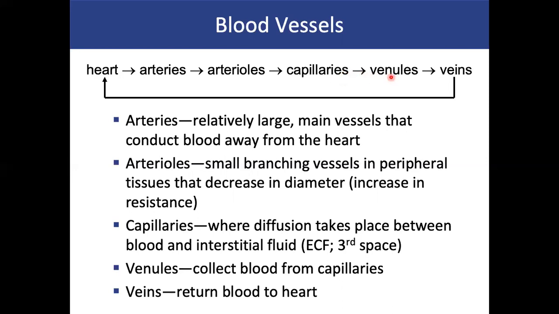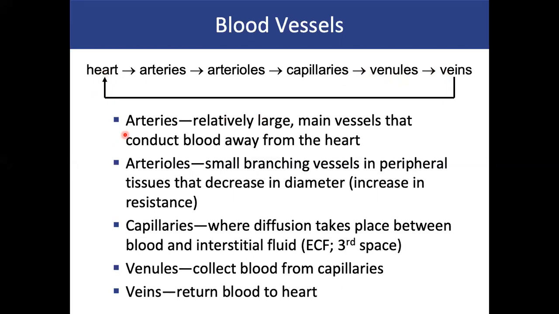Then going back to the heart, you have venules, and then you have veins. When you think of veins, think of your superior vena cava and your inferior vena cava, and they go back to the heart. So your arteries are the large main vessels that conduct blood away from the heart. Can you give me a major artery in your body that takes blood away from the heart? Good, your aorta.